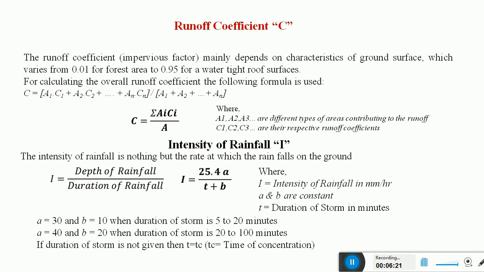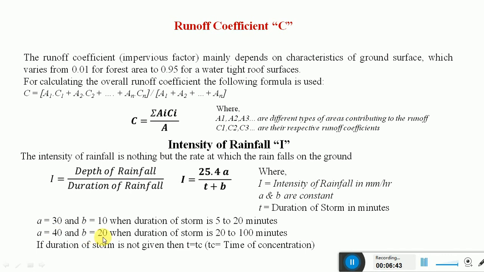These A and B depend on the duration of the storm. If the storm duration is between 5 to 20 minutes, then the value of A will be 30 and B will be 10. If the storm duration is more than 20 minutes up to 100 minutes, then the value of A will be 40 and B will be 20.